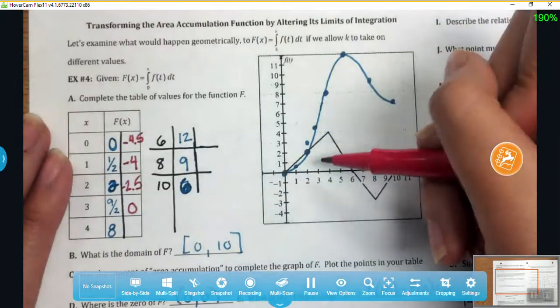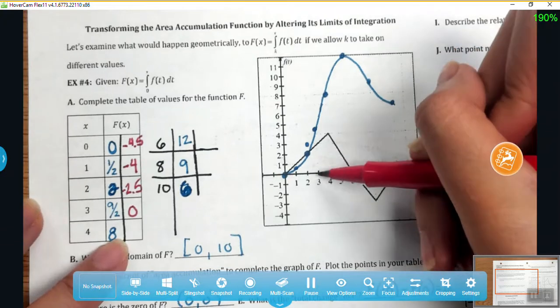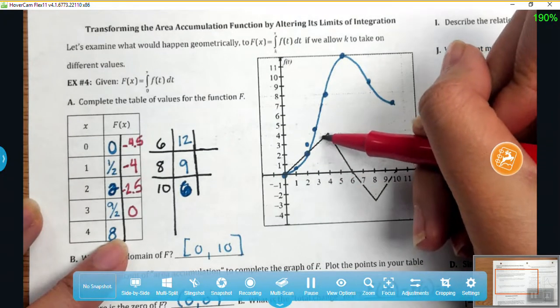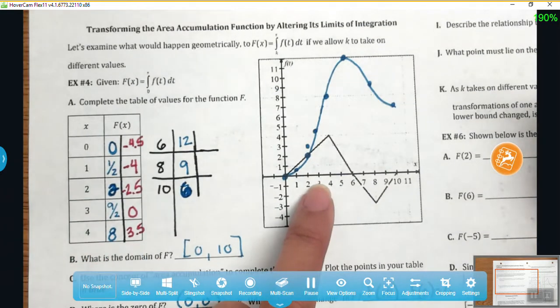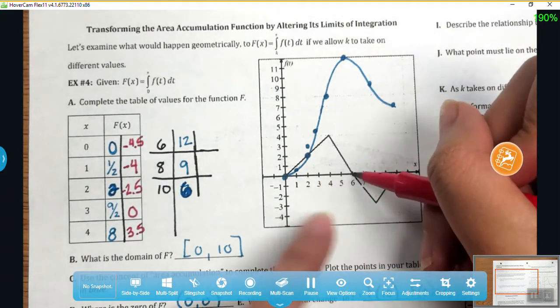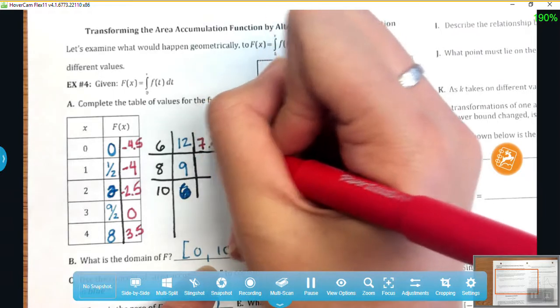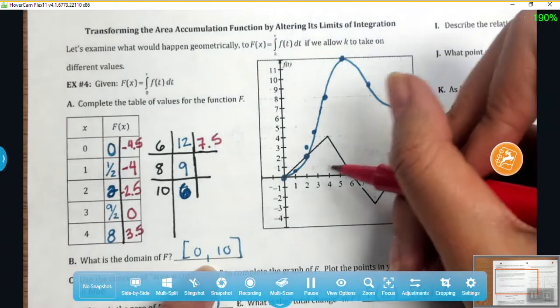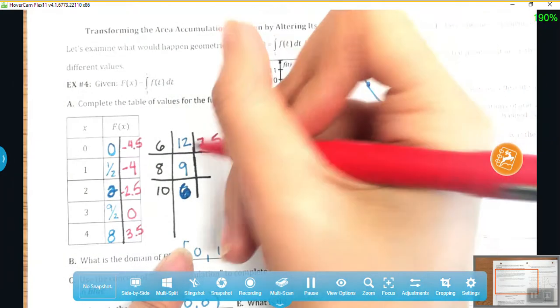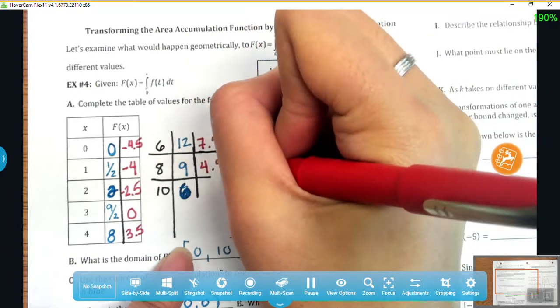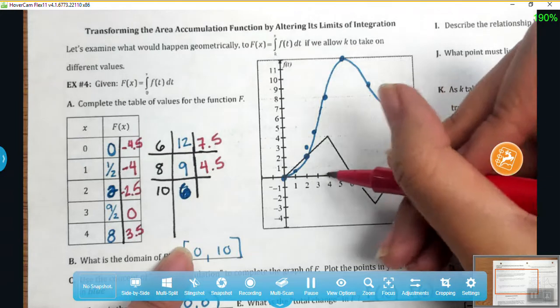And then the area from 3 to 4, and the area from 3 to 6, and the area from 3 to 8, and the area from 3 to 10.